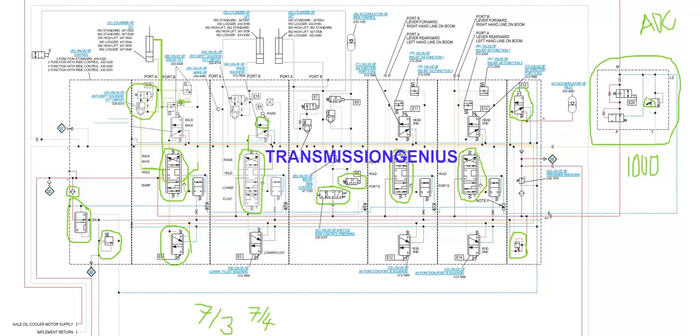I told you that this load sensitive valve helps you to increase or stabilize the pressure in the signal. For example, here this pressure comes to provide oil to many elements.